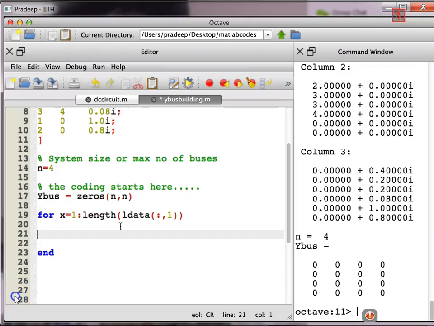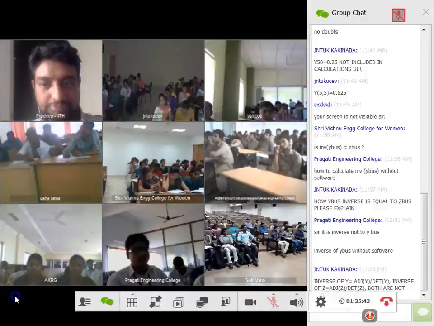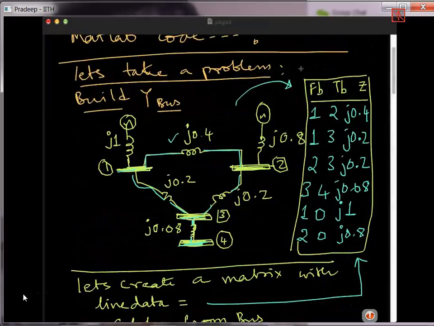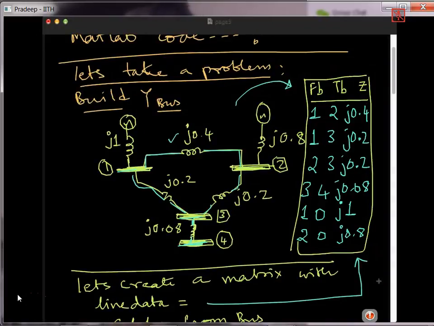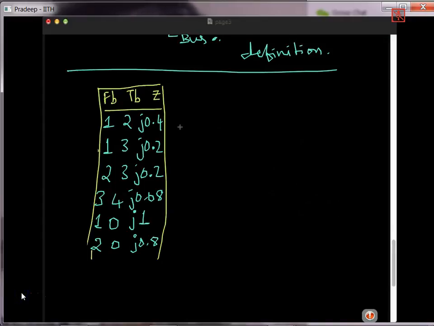So first let me explain what I want to do and then I'll write the code. So this is my line data. And then say y12 equal to 1 by j 0.4.